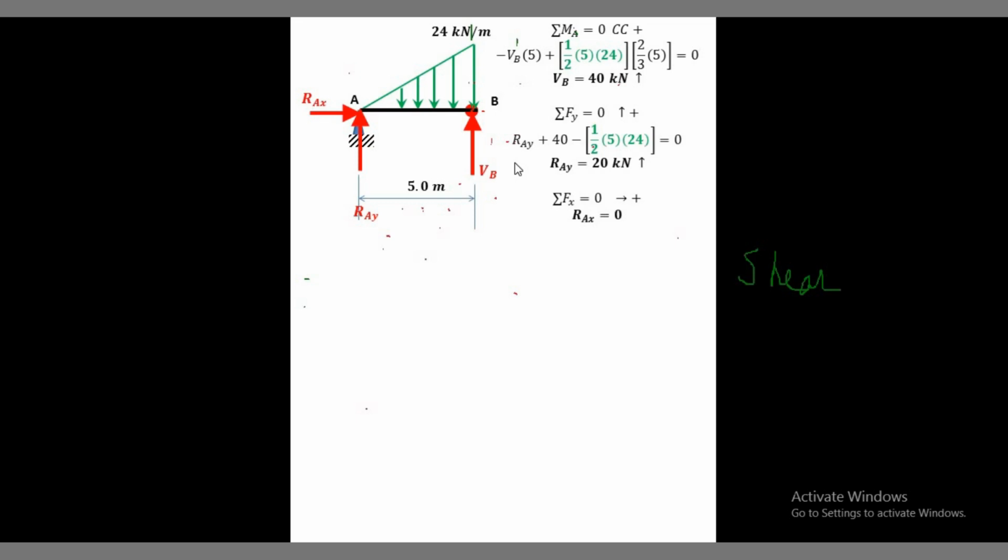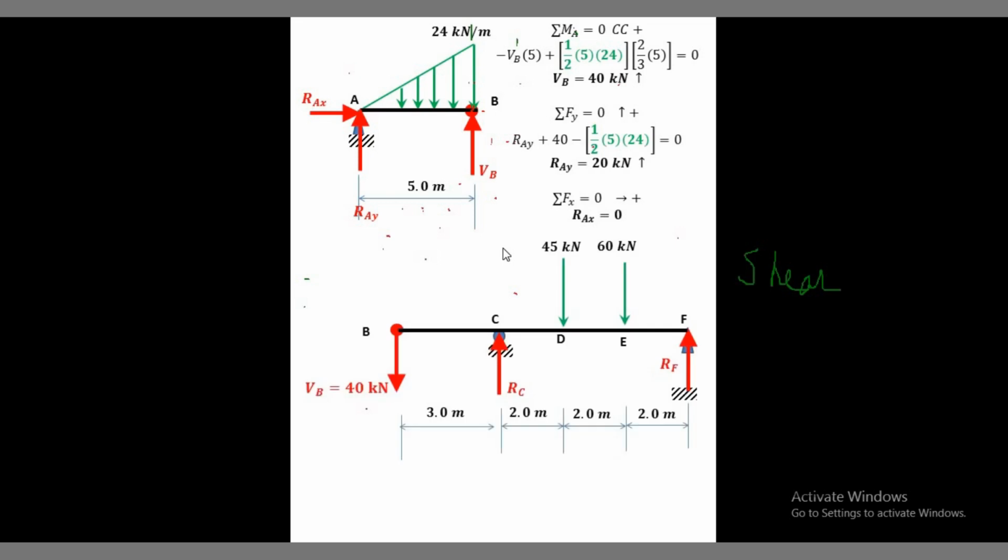Okay? So, pag nakuha ko na yung internal reaction at point B, I can now go to the other side of the beam, which is B, C, D, E, F. As I've said a while ago, itong VB na to, upward siya. Pagdating doon sa B, C, D, E, F, the same magnitude, that is 40 kilonewtons, but opposite direction. That is to maintain equilibrium.